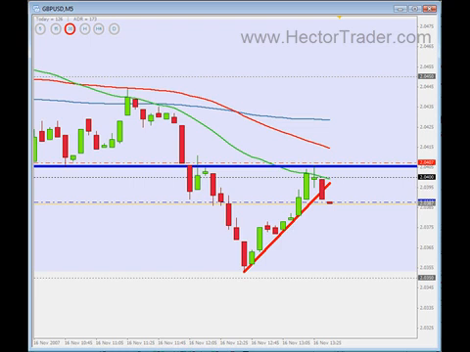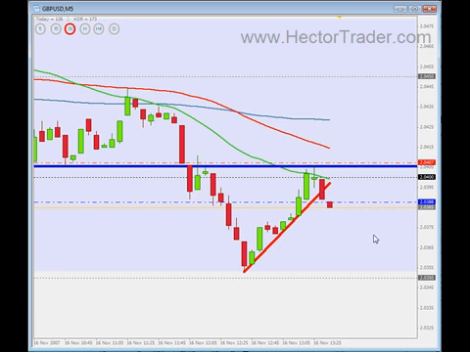Today is Friday the 16th of November 2007, and we are looking into the cable, GBP against the American dollar. I've just taken a short entry at 203.88, sorry.